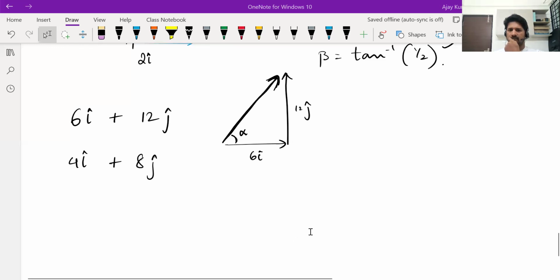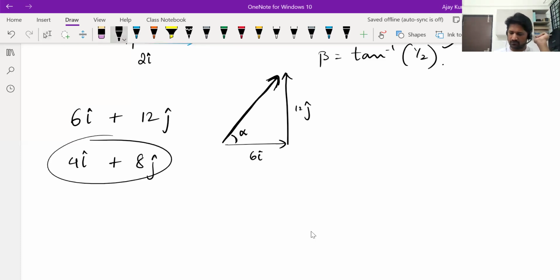So tan alpha, how much is it? 2/1. Okay, correct. Then for the second vector, you visualize the x component is 4i cap, the y component is 8j cap.